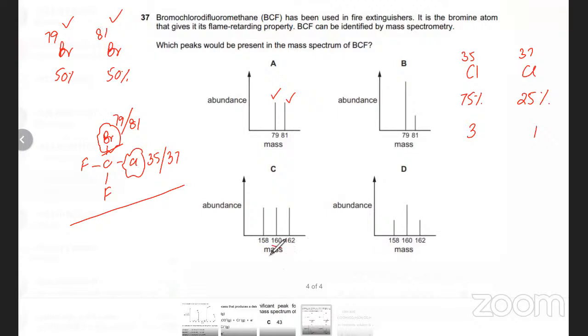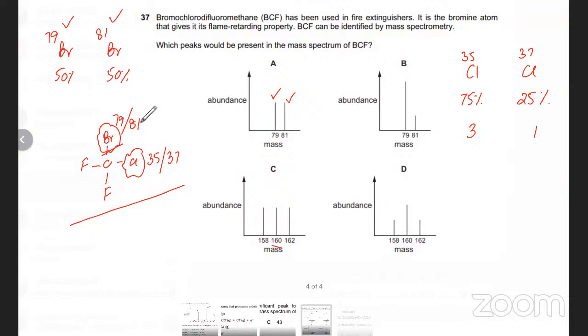How do you get 160? For 160, the molecule should have at least 2 bromines. Because if you have 2 bromines, one of them is 79, the other one is 81. Then you're going to get a particle with a mass of 160, or maybe 162 as well, because you might have 81 plus 81.